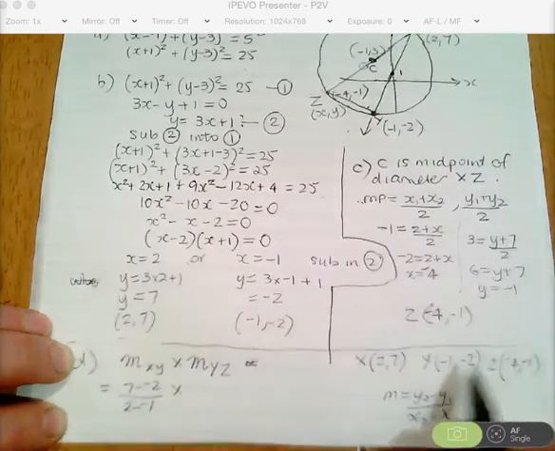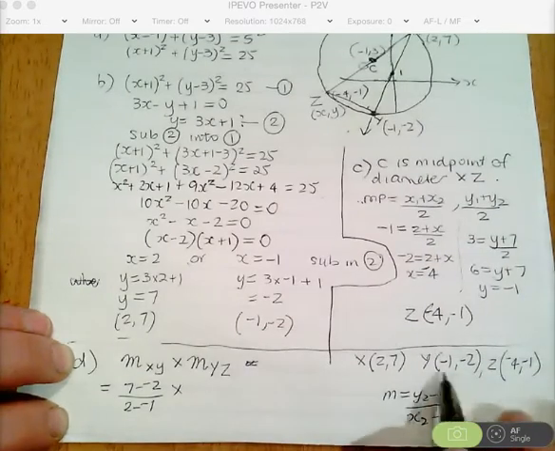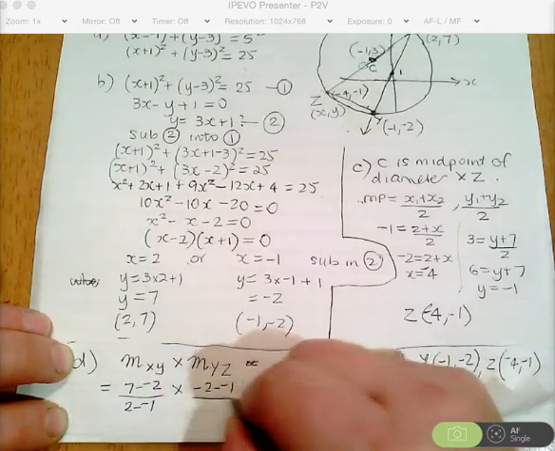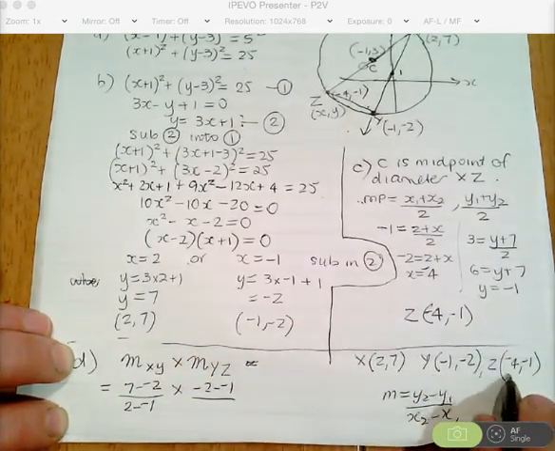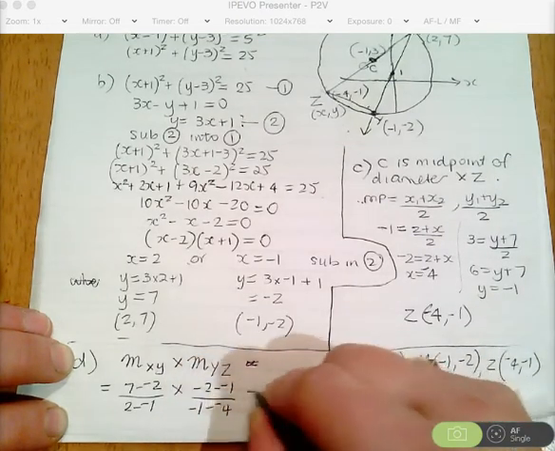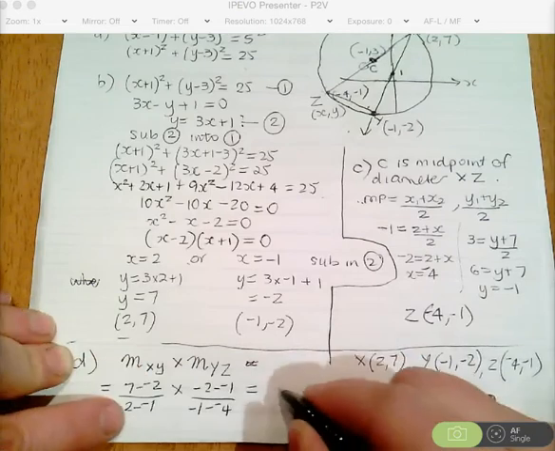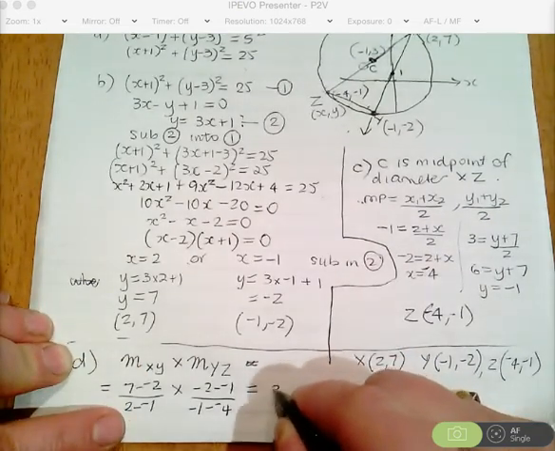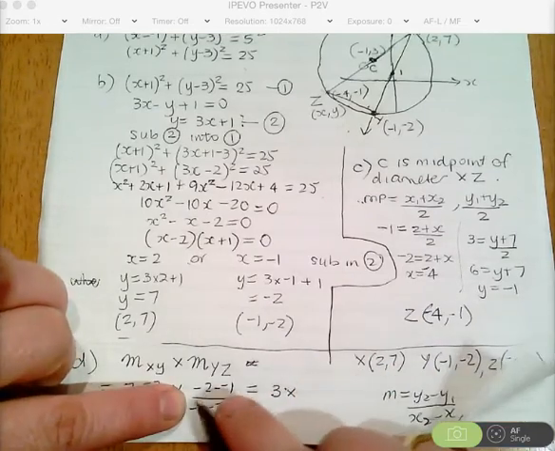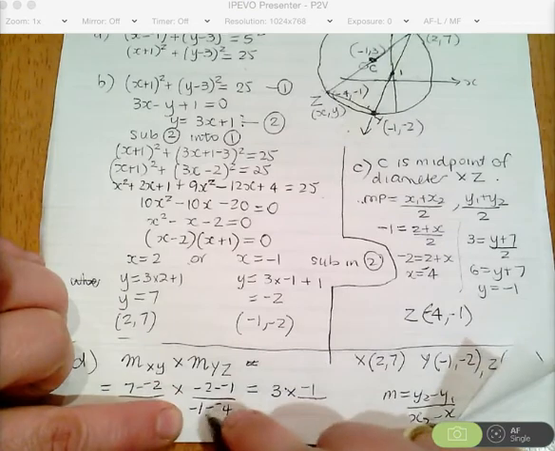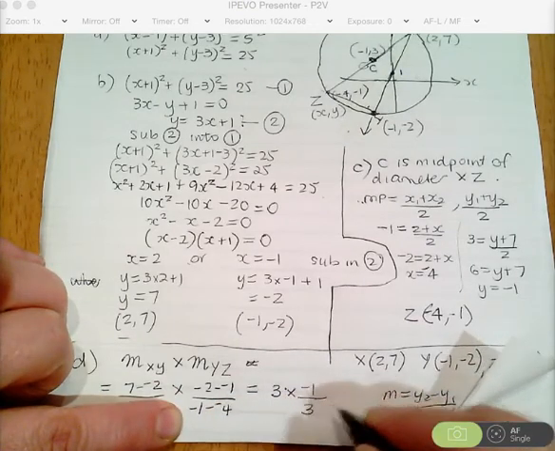And then we're multiplying that by the gradient of YZ, which will be -2 minus -1 over -1 minus -4. Now that's equal to 7 plus 2, which is 9, over 2 plus 1, which is 3. So it's 9 over 3, which is 3. The gradient of YZ is -2 plus 1, which is -1, over -1 plus 4, which is 3.